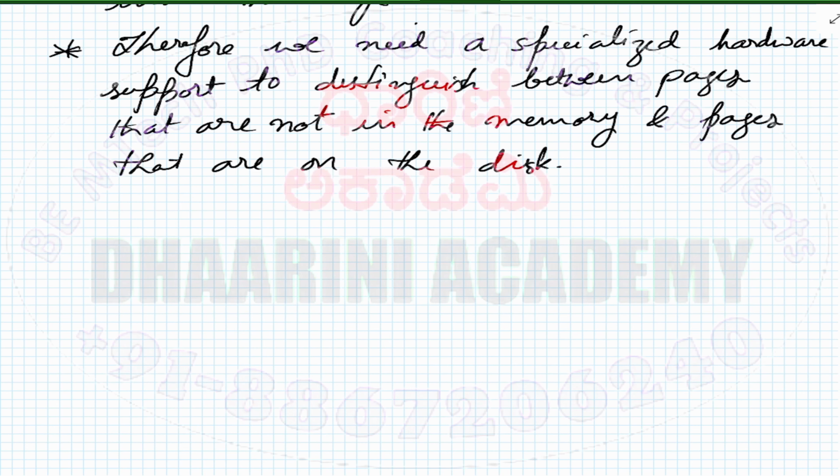This concept is actually taken from the previous chapter. I'll try to explain that quickly using a diagram later. But just remember there is what is called a valid-invalid bit scheme that can be used for this particular purpose.